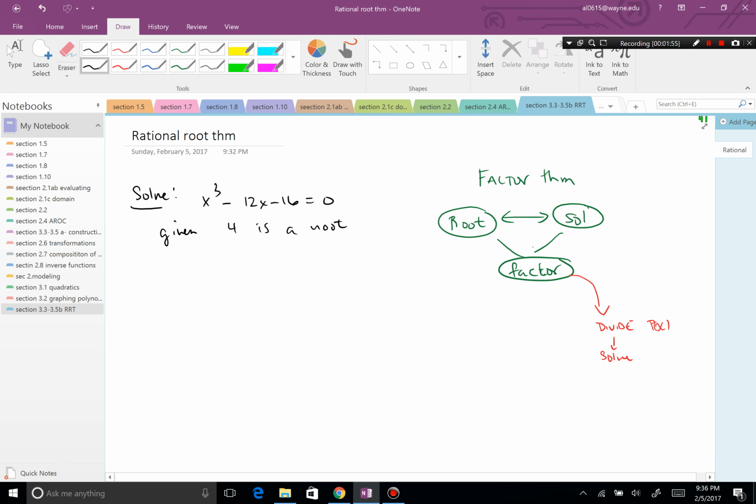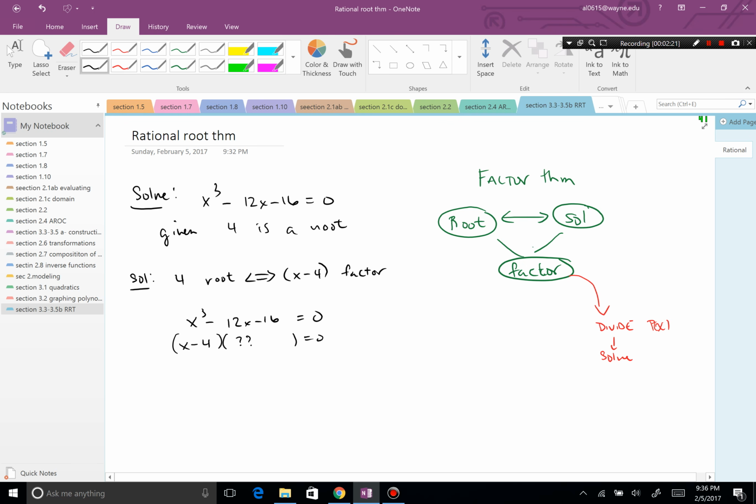If 4 is a root, then that means subtract that over, x minus 4 is a factor. And if it's a factor, then that means that this x minus 4 should go in evenly, right, into that.